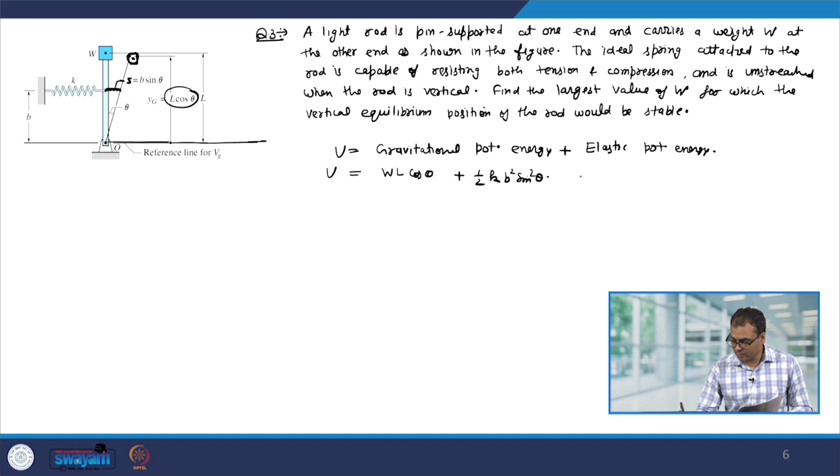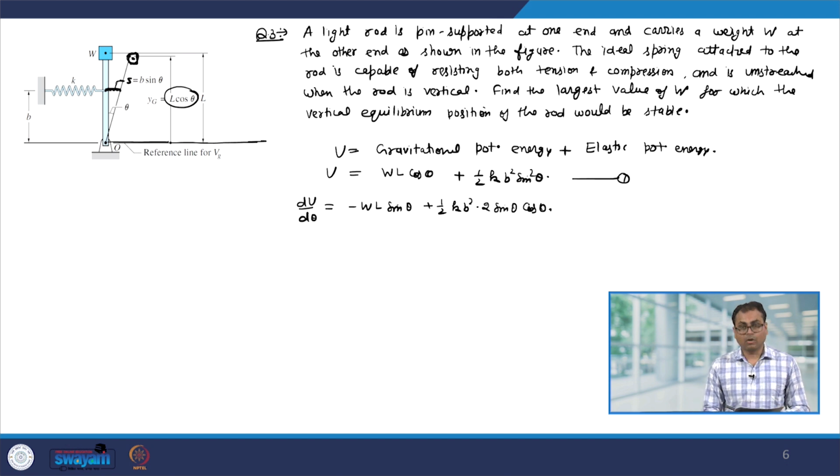So, now let us call it equation number 1 and find out dU over dθ. So, this will be minus WL sin theta plus half k b² into 2 sin theta cos theta. Now, for the equilibrium, let us put dU over dθ equal to 0.